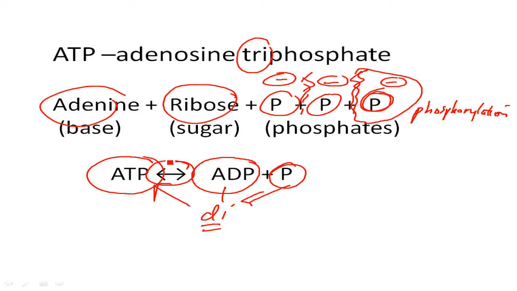This arrow right here tells you that this equation can go both ways. You take ATP, you use it for some process, and that leaves you with ADP after you pull off that phosphate molecule. Then you can take another phosphate molecule from somewhere else, add it back onto that ADP, and make ATP. So it's a real renewable resource, and it's very efficient for the cell to use it this way.